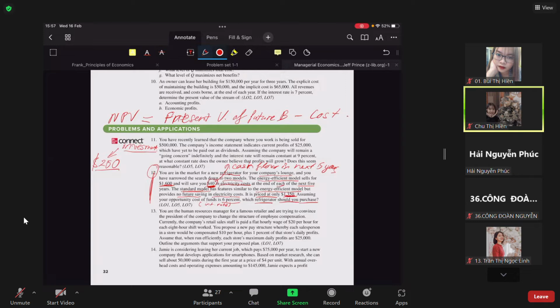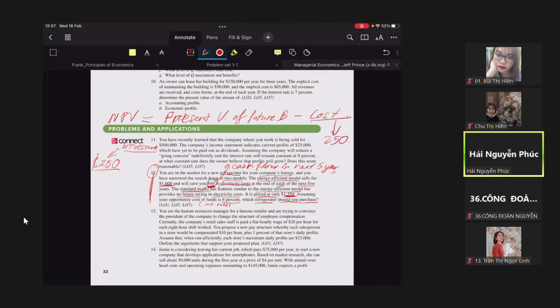All right, we have the cost of investment, which is 250, right? We have to compute the present value of future benefit, and pay attention to the fact that we have 5 years, and each year we have a cash flow of 40.